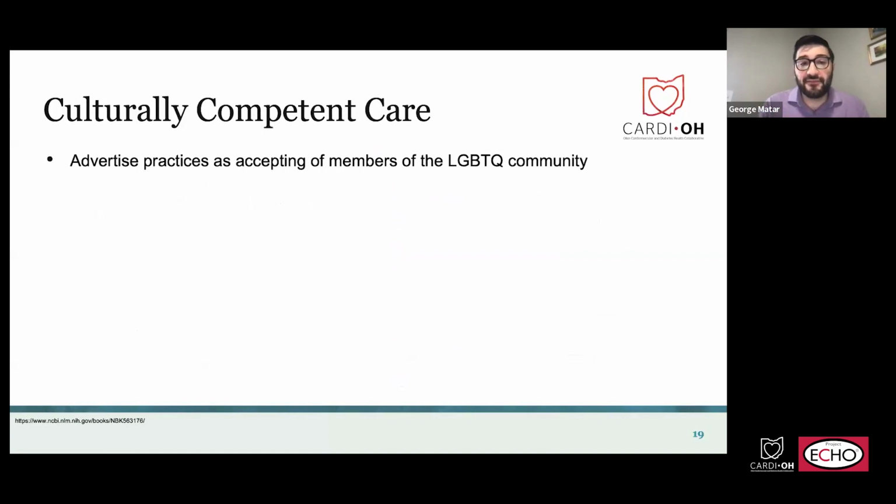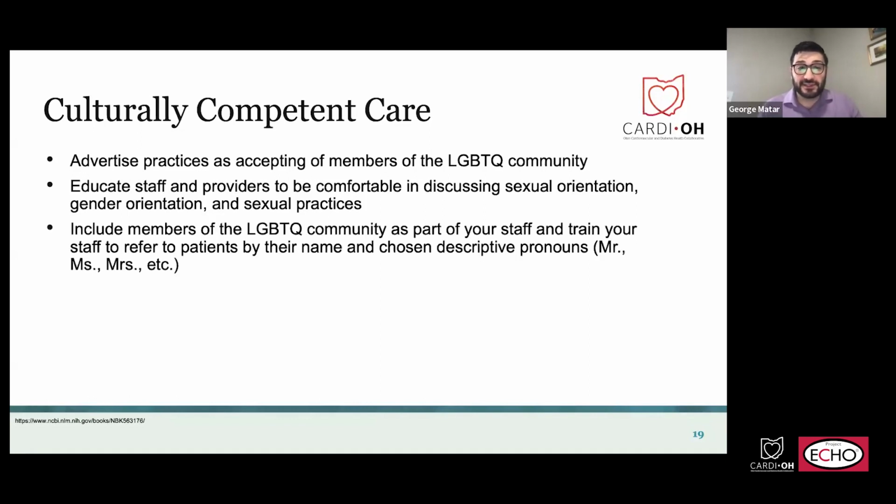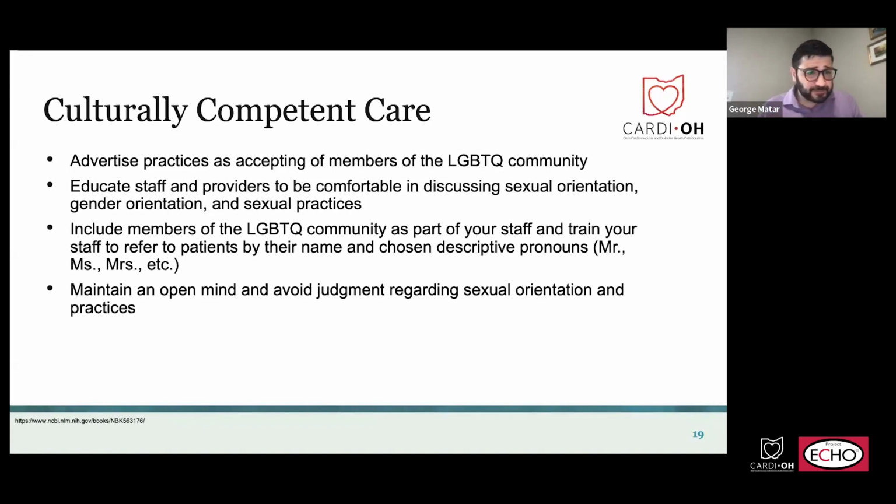First, advertising practices as accepting of members of the LGBTQ community. Then educating staff and providers to be comfortable in discussing sexual orientation, gender orientation, and sexual practices. Include members of the LGBTQ community as part of your staff and train your staff to refer to patients by their name or chosen pronouns.